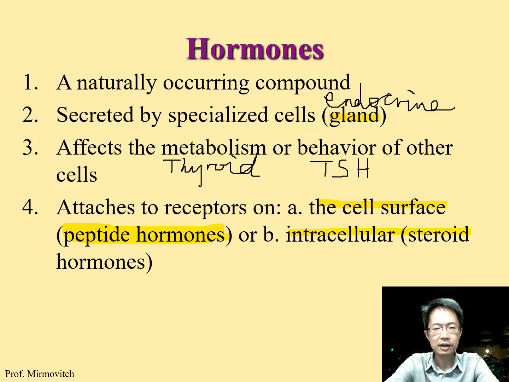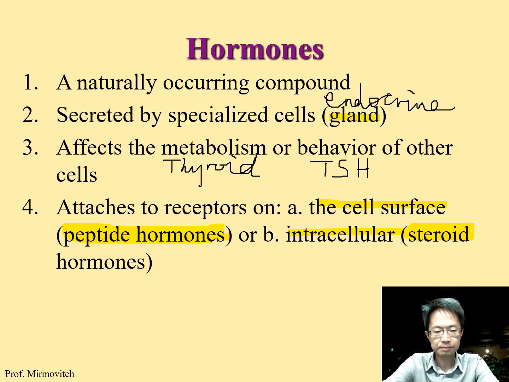Because of that, peptide or protein hormones cannot go through the phospholipid bilayer. The only way they can affect the cell is to bind to the receptor on the cell surface. And then the cell surface membrane receptor can trigger a chemical pathway inside the cell cytoplasm. For steroid hormone, as you remember, they are mostly hydrophobic.